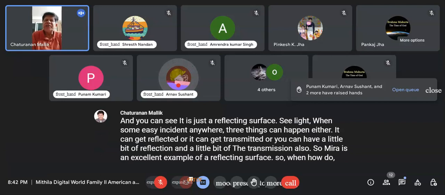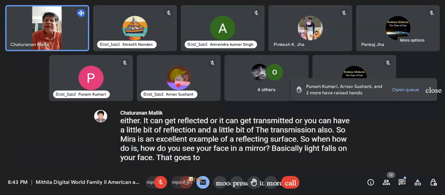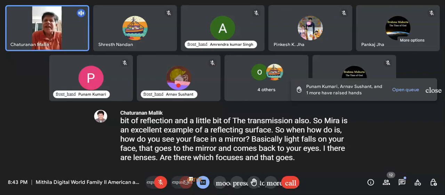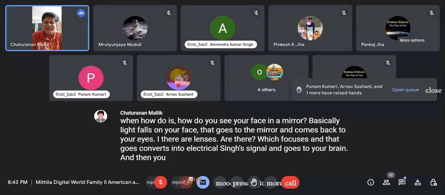So how do you see your face in a mirror? Light falls on your face, goes to the mirror and comes back to your eyes. The lenses in your eyes focus it, it converts into an electrical signal and goes to your brain, and then you see yourself.